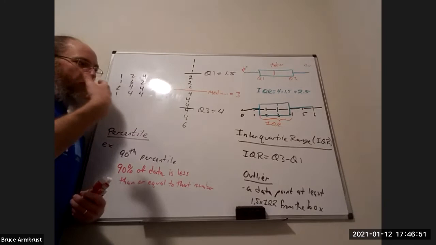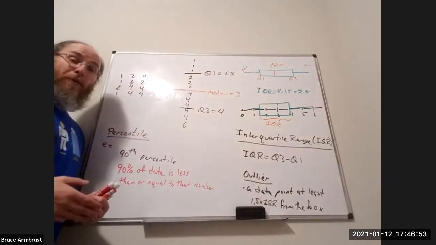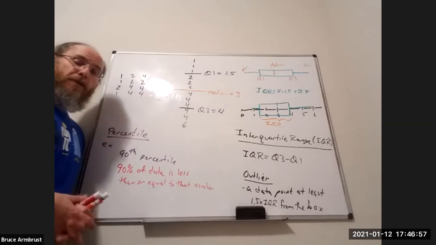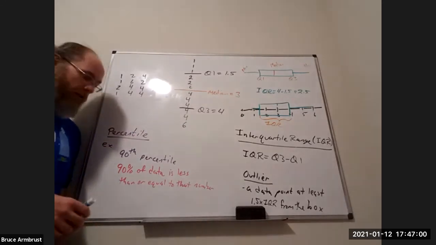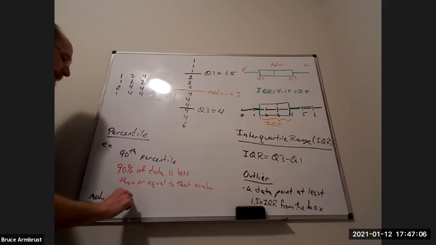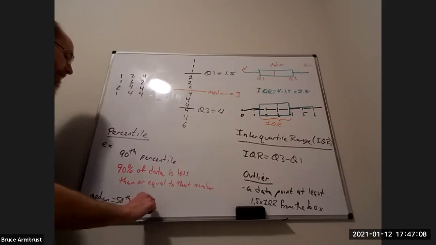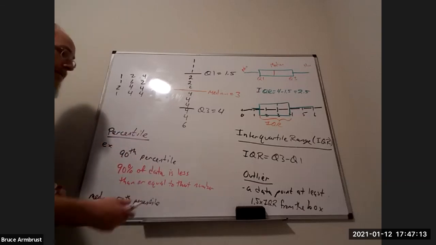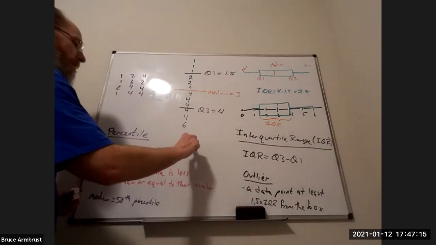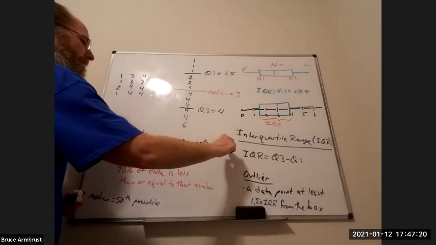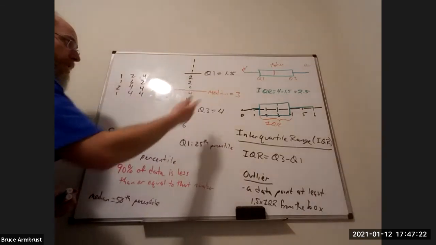So remember those 3 values we found to form the box? The median, the first and third quartiles? Those are also percentiles. The median, it's the 50th percentile, right? It's the one that splits it so that half is less. Q1, this is the 25th percentile, because 1/4 is less than that number.